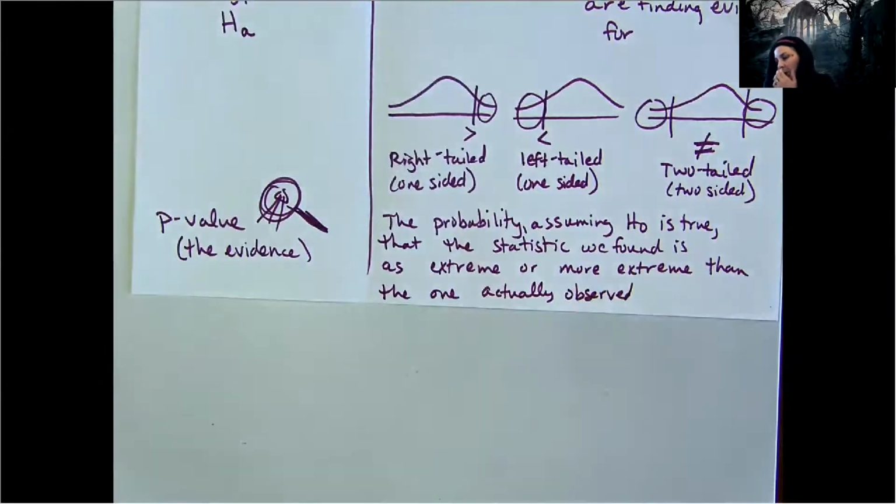Probability assuming the null hypothesis is true that the statistic we found is as extreme or more extreme than the one actually observed. All right.